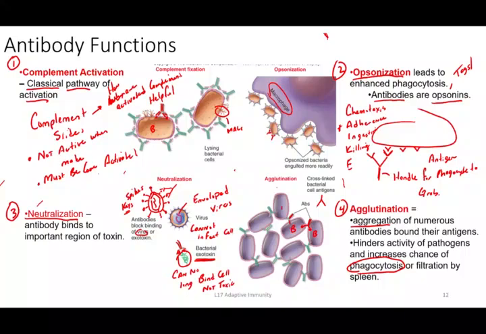It doesn't make sense to have the dustpan collect every square inch of the room, but if you can sweep to common areas, like in this case, if you can aggregate bacteria to common areas, then when a phagocyte comes, it can be very efficient because it can eat these more quickly and get rid of them. Also, there's a possibility that our spleen filters out things, and so filters work better at taking out large things, and so if they're aggregated together, filtration can be more efficient.